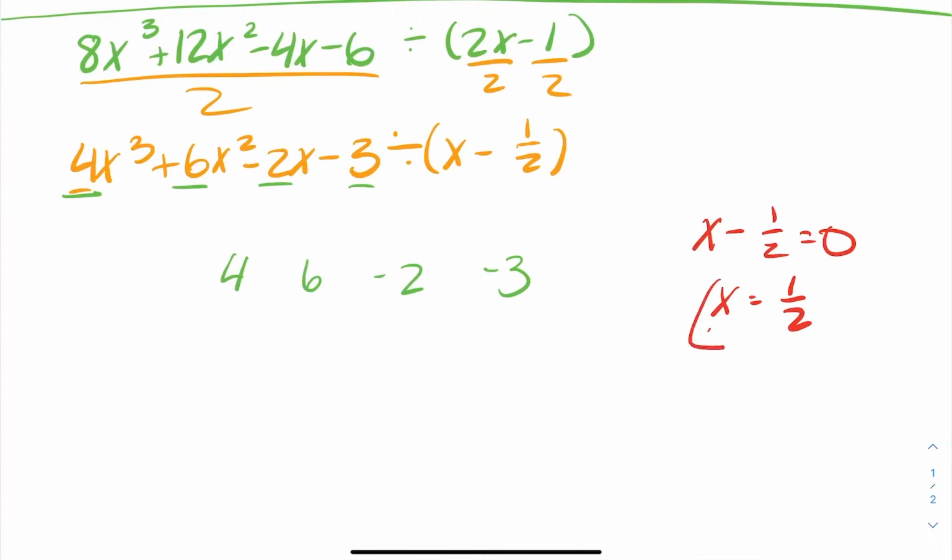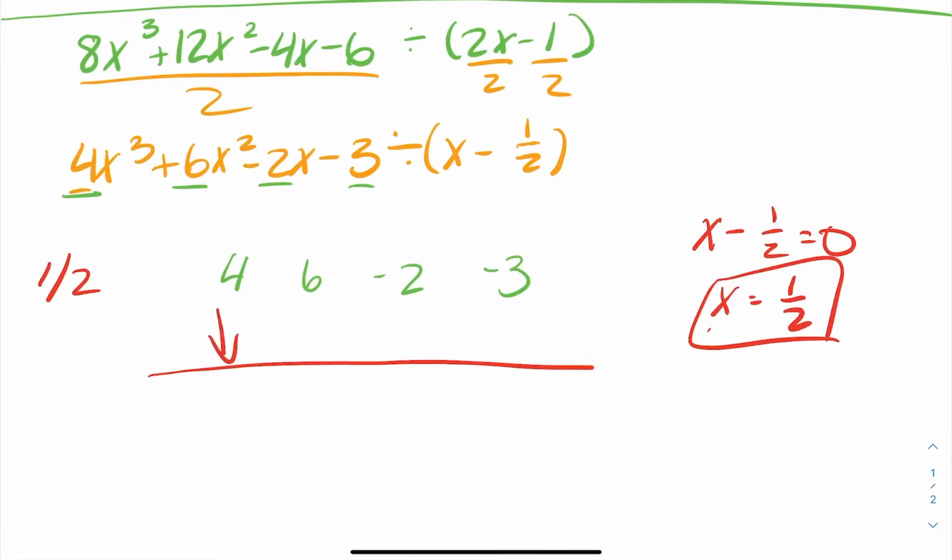Then you take your x, put it in the batter's box, and start the problem. You draw the line, bring down the 4, and multiply by 1/2, and that equals 2, and then you add. So 8 times 1/2 is 4. Bring it down, multiply by 1/2, and then you have negative 2.